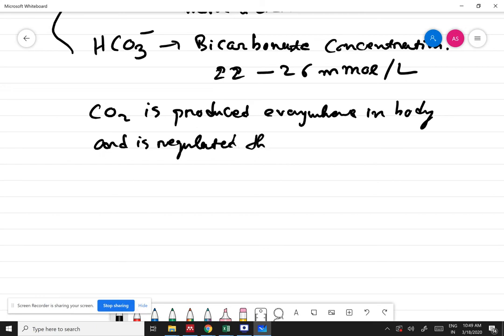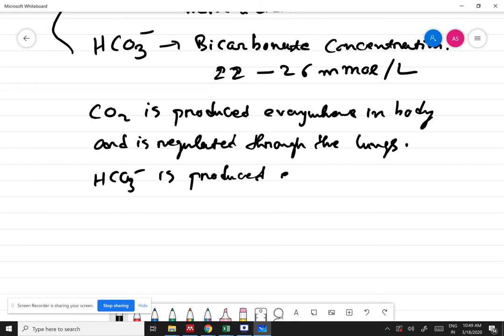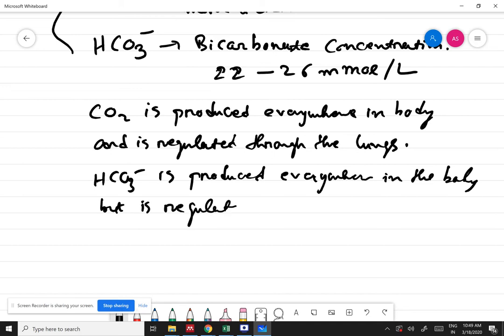Okay, while HCO3 minus is also produced everywhere in the body but is regulated through the kidneys. Regulated through the kidneys. Okay.